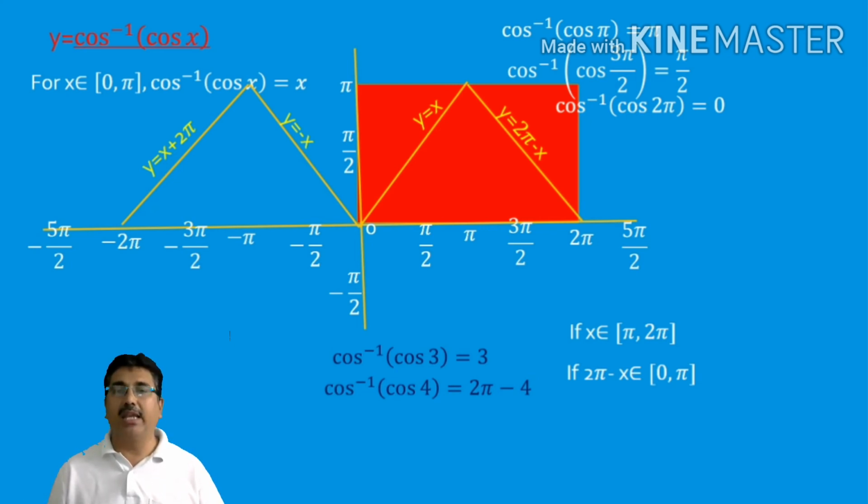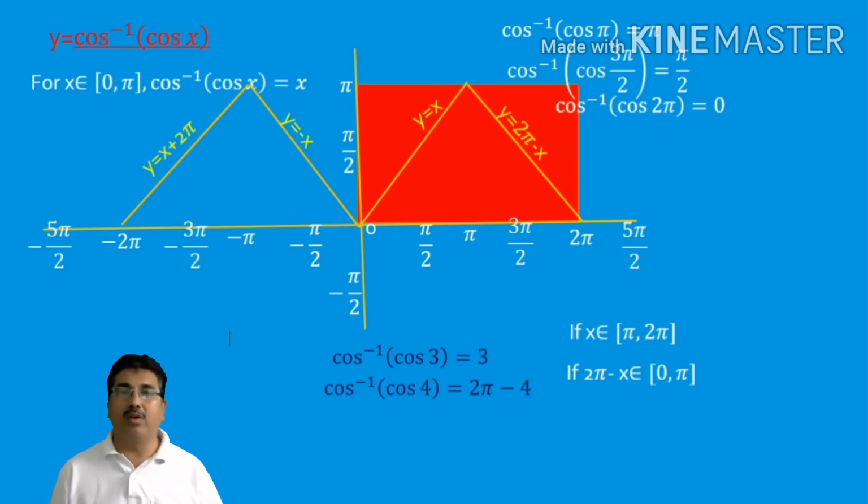Now, how to find cos inverse of cos 3? 3 is less than pi. Therefore, the image of 3 lies on the line y is equal to x. Therefore, cos inverse of cos 3 is equal to 3. Now, what is the value of cos inverse of cos 4?